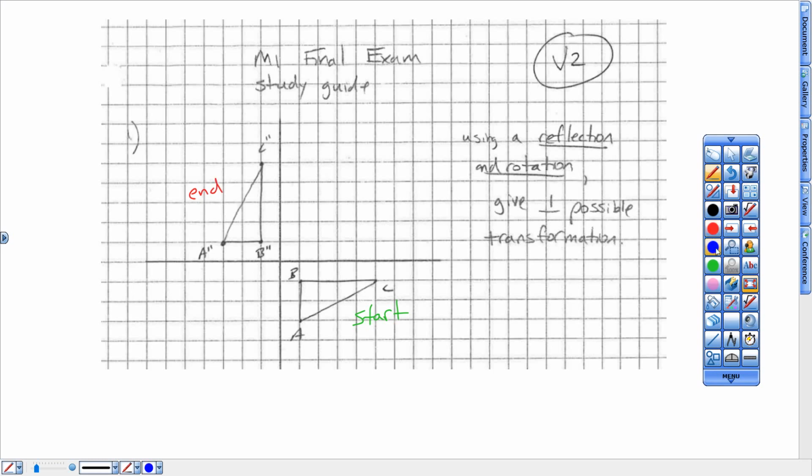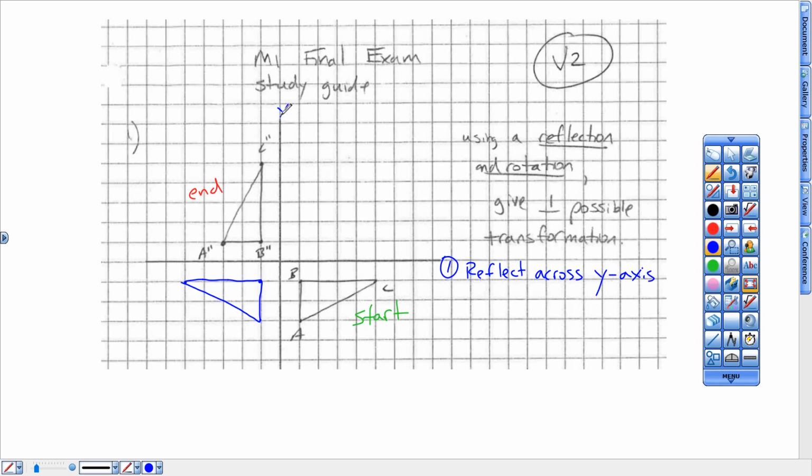One of the most common things was for someone to take that triangle and then reflect it across that y-axis. That's probably your number one thing. Either reflect across the x-axis, and that is the y-axis, I'm sorry. So reflect across that y-axis going up and down.